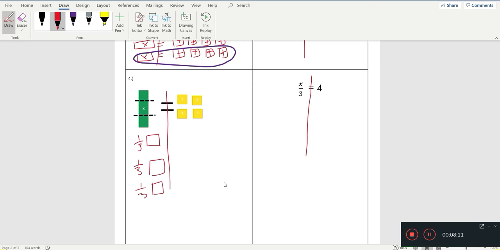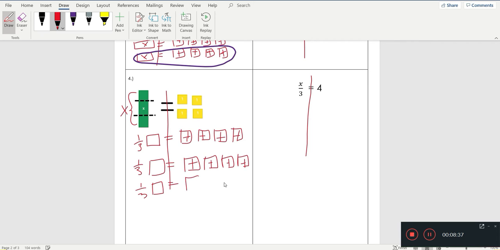So we're looking for what's the total value of the x, or the whole x, right? So 1/3 is equals to 4. So we have here 4, 4, and 4. So positive, positive, and positive, right? Here is also a positive, and a positive, and another positive.